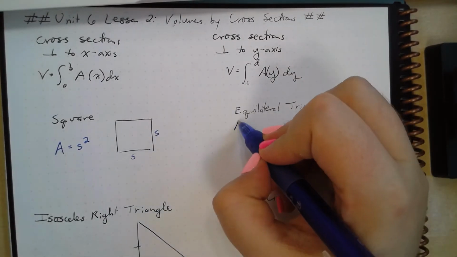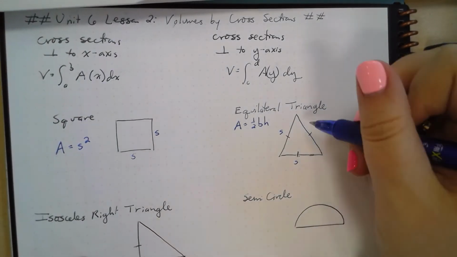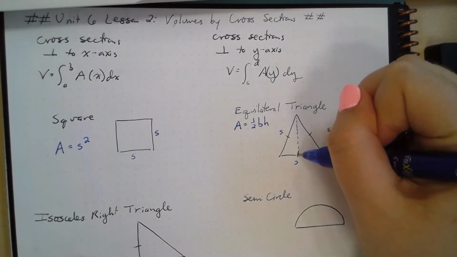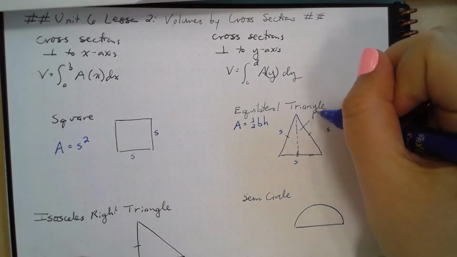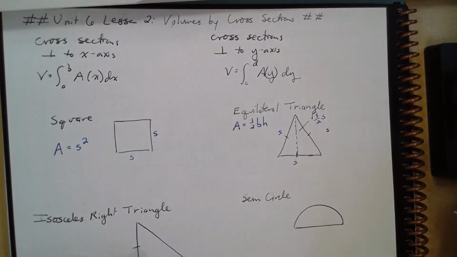Well, the area of a triangle, you'll remember, is 1/2 base times height. So our height here is going to be equal to radical 3 over 2 s. That comes from the 30, 60, 90 triangle, the formula for a 30, 60, 90 triangle.